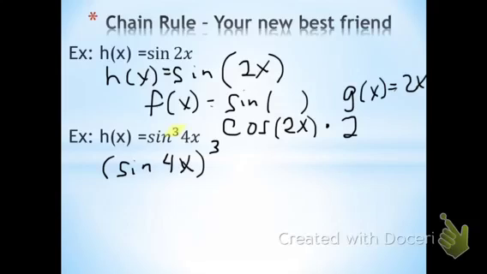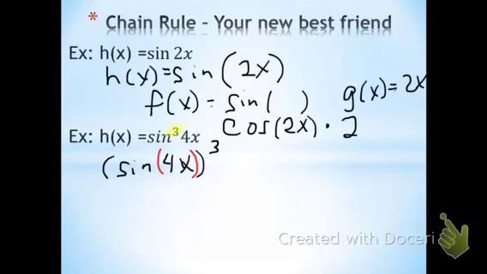And we've already said that we need to recognize that the sine of 4x is really the sine of 4x written that way. So now look at this. How many composite functions can you find here? If we think about this, we've actually got 3 of them.